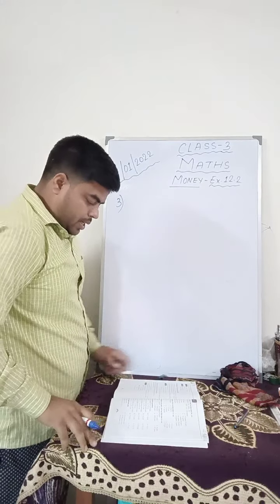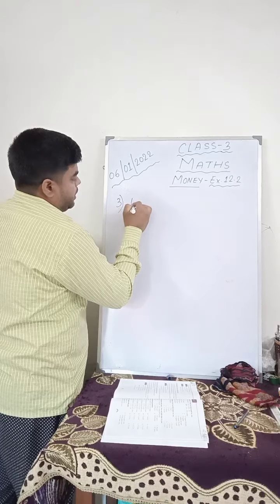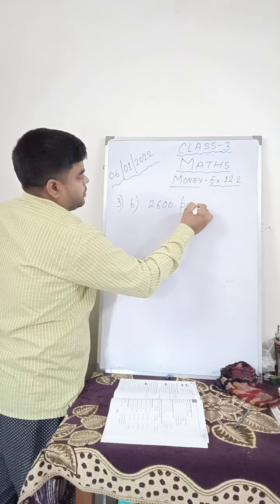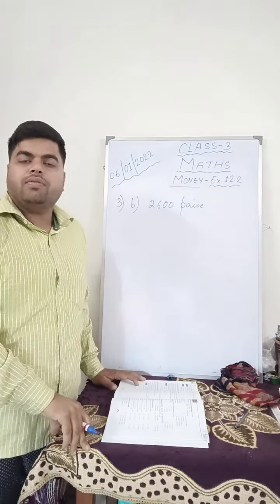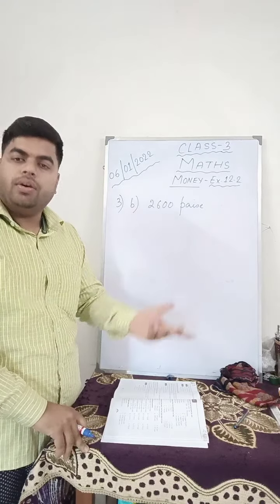Question number 3, let me show you again, question B: 2600 paisa. They have asked you to convert this into rupees and paisa. So from paisa to rupees, what will you do? You have to divide.